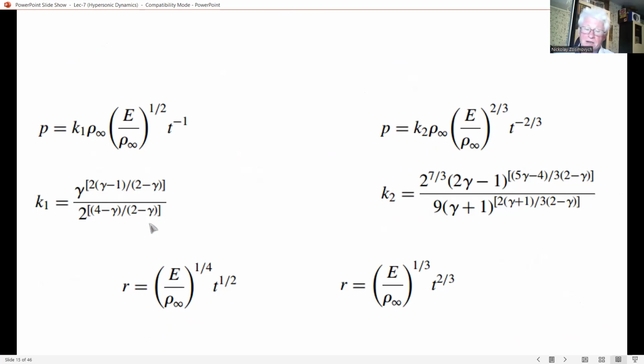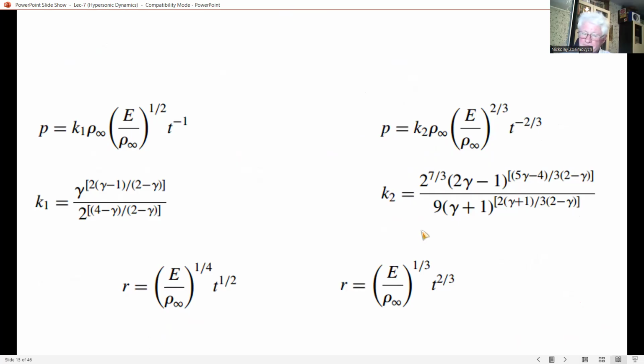And for the planar blast wave, we can rewrite P in this form. It's generally the same, but with changes in the power and in the coefficients. Here, the coefficient K2, which precedes instead of K1, will be described in the next expression.